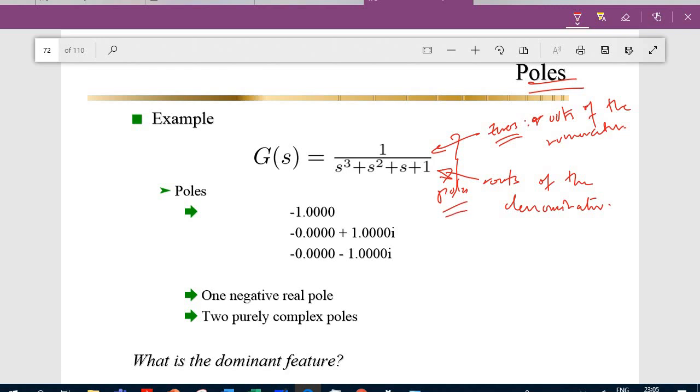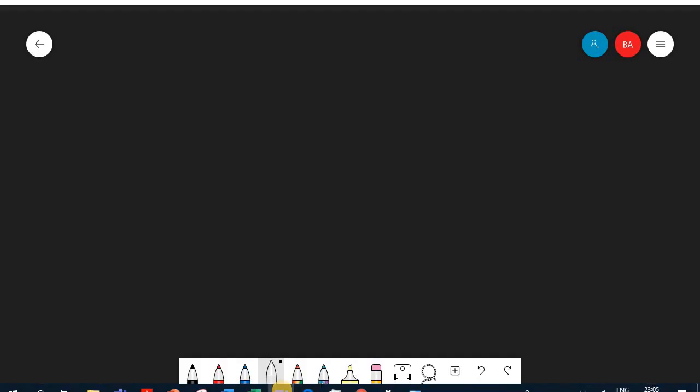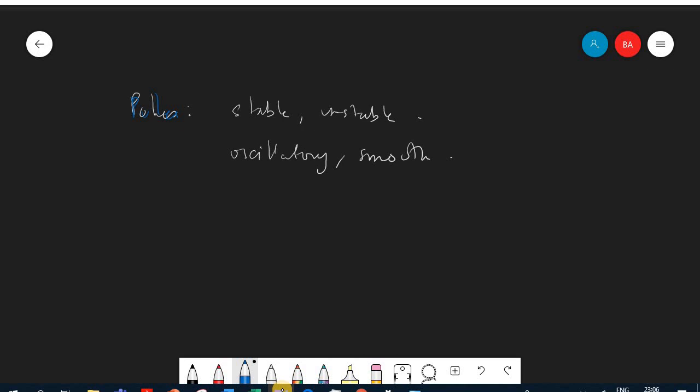And from poles, you're going to know if the system is stable or unstable, and you're also going to know if it is oscillatory or it is smooth. So these are very good information that you will know about the poles.